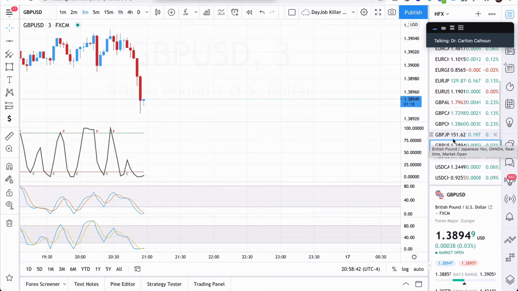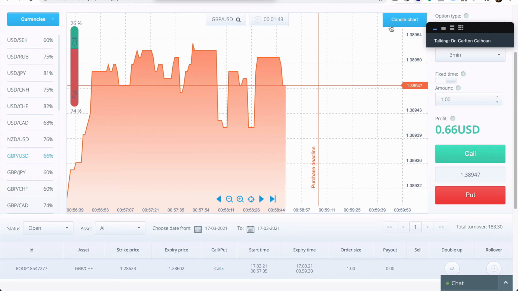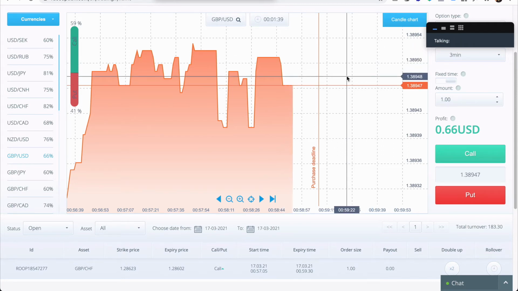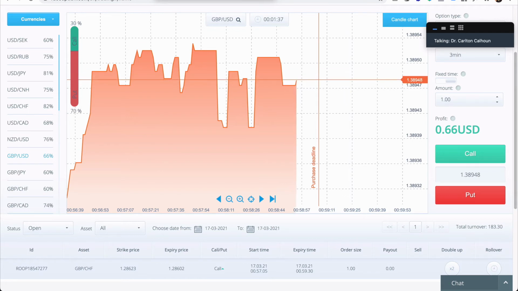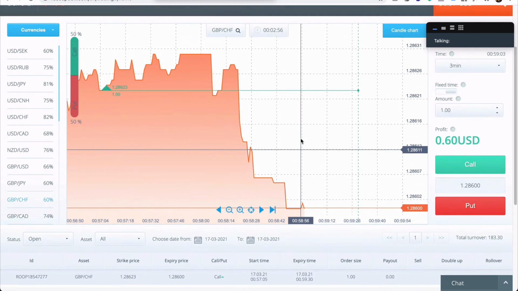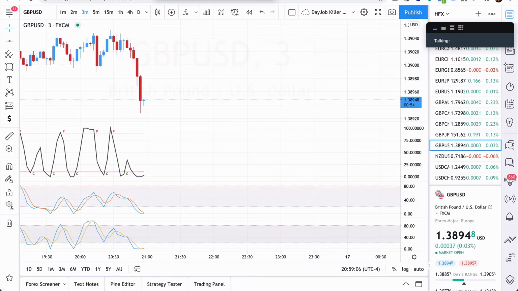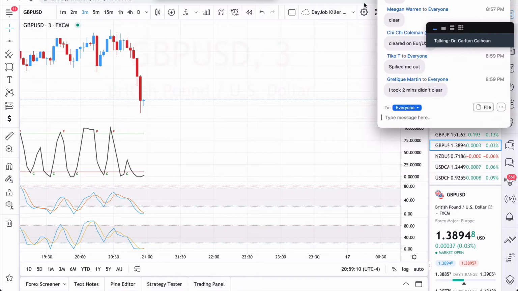Yeah, you should get a C soon on GBP USD as well. GBP CHF fell out of profit, but if you took 1 or 2 minutes, you cleared. Yeah, it really fell out of profit, which is cool. It's all good. But 1 and 2 minutes, you cleared already.